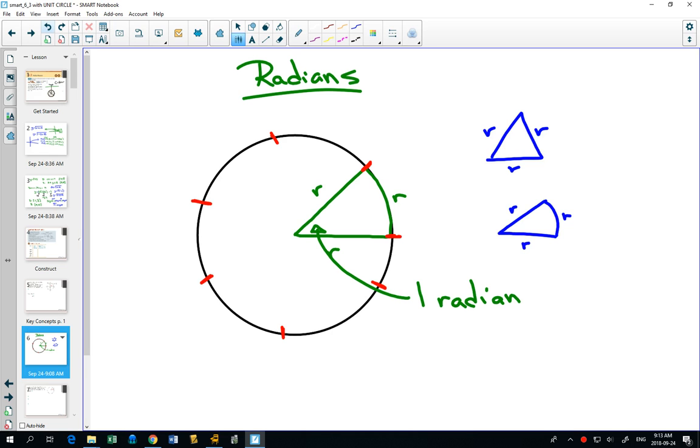So now our question is, how could we find that out exactly? Should we use a number instead of an abstract concept? We're using abstract right now because we're just using r for radius. How many radiuses does it take to go all the way around the outside of a circle?